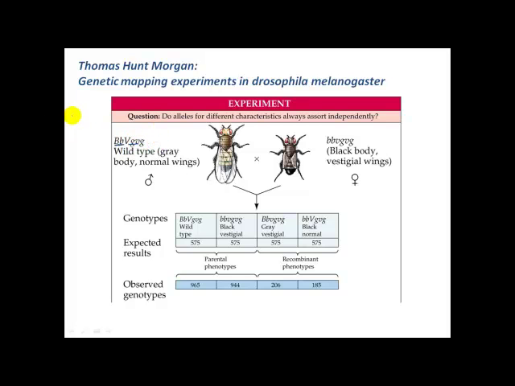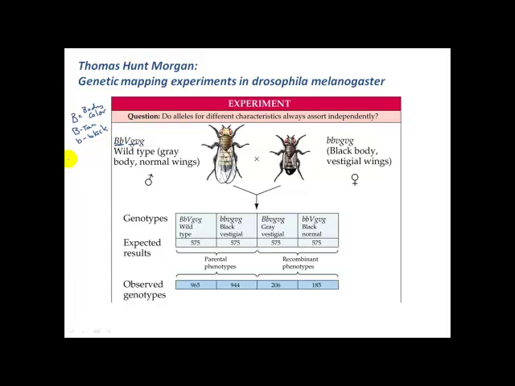So the B gene is associated with body color, and we have two alleles at that gene. The dominant allele being capital B, which is associated with the normal tan color, and then the lowercase allele being associated with abnormal black body color.